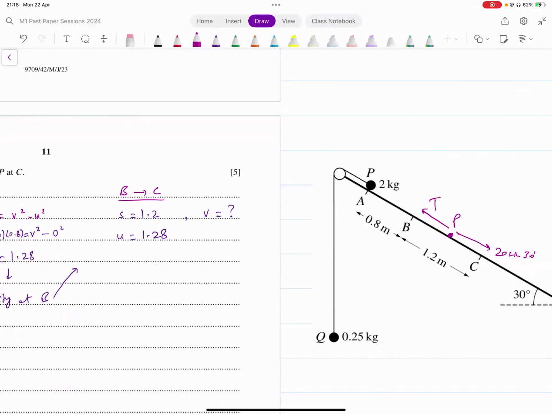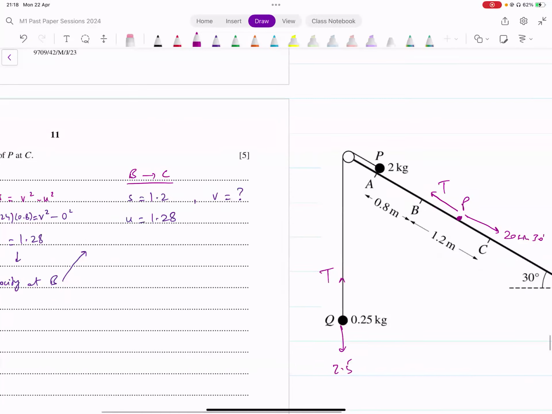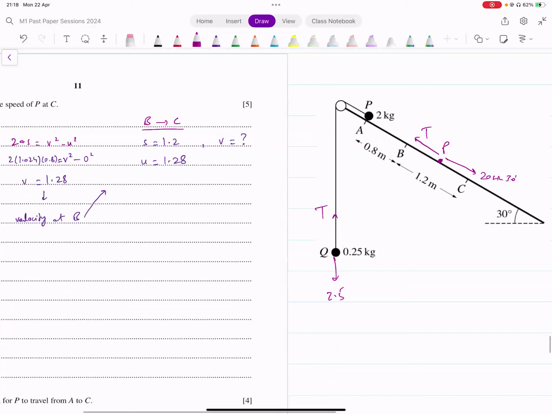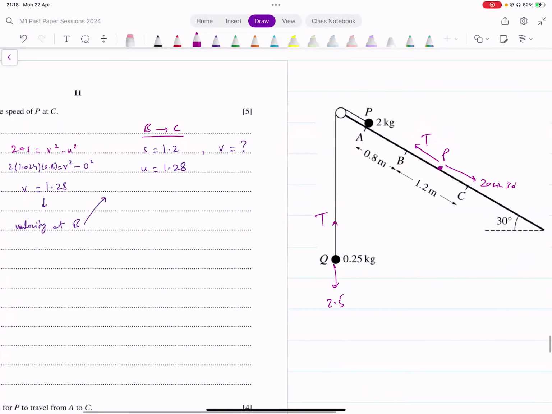What about Q? There's weight acting downwards, that's 2.5 Newton. And there's tension acting upwards. We can again use Newton's second law of motion to find acceleration for this part of the journey. We could use the whole system as well, right? Just use 20 sine 30 with 2.5 and find acceleration using the whole system.